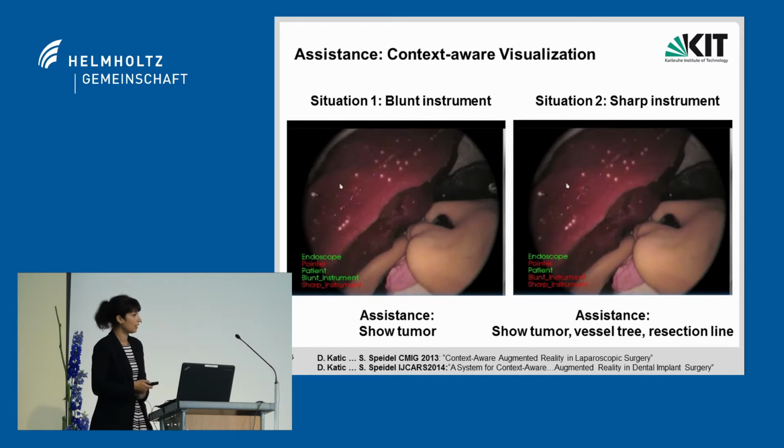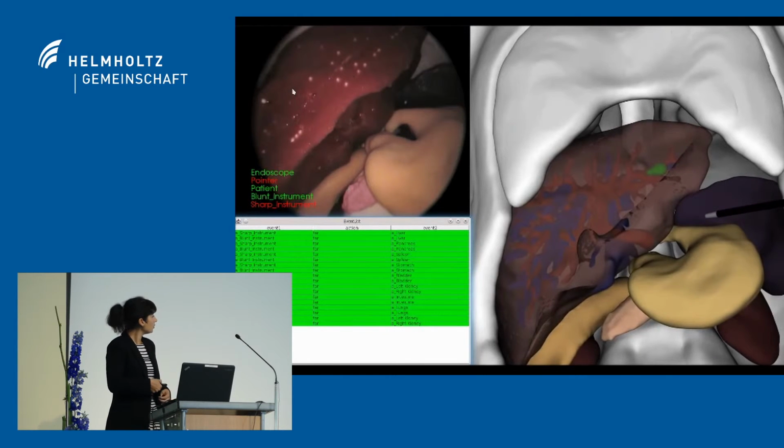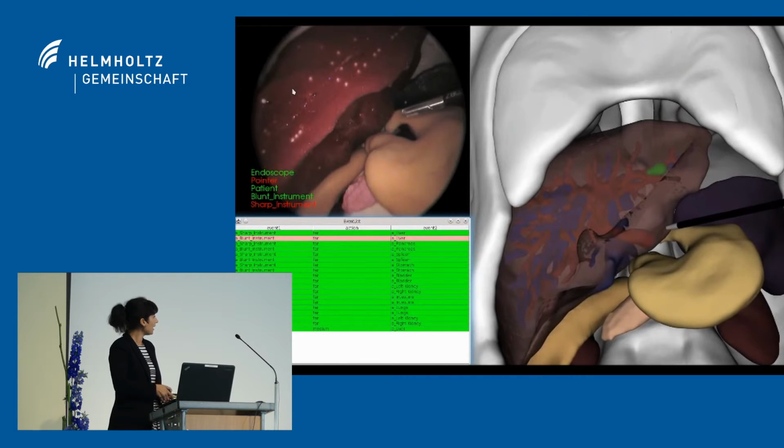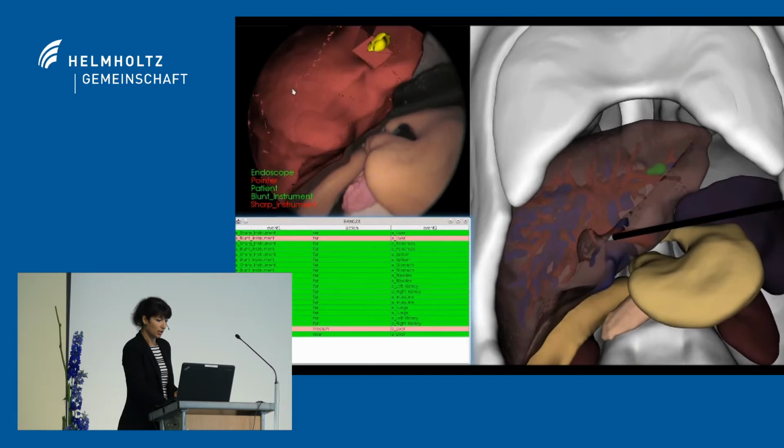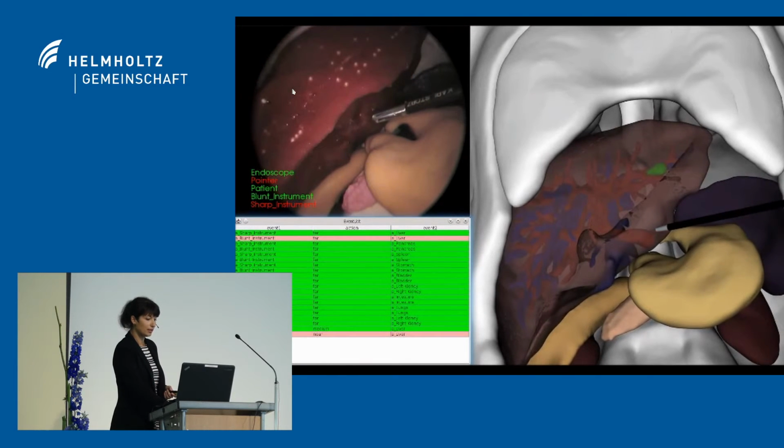To show you the concept, we have here two different situations. Once a blunt instrument is used, once a sharp instrument, and we provide different assistance functions. For example, we show the tumor, the vessel tree and the resection line if a sharp instrument is used, but if a blunt instrument is used, we show only the tumor.